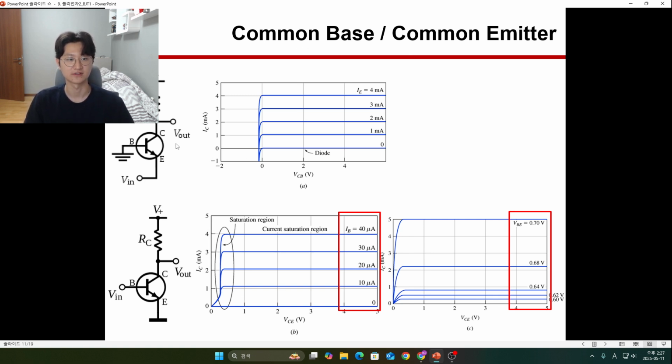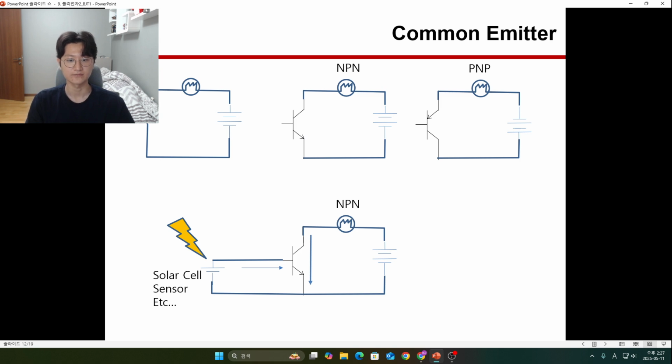Common means ground, so the first picture means the base is grounded. Then the collector current will behave like this graph, and when we ground the emitter, we can see the collector current will flow like this.